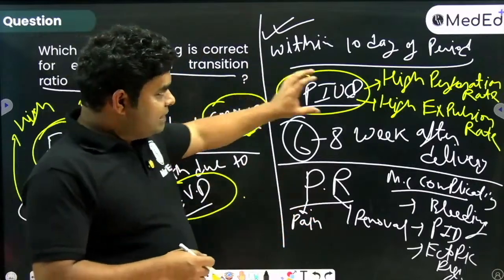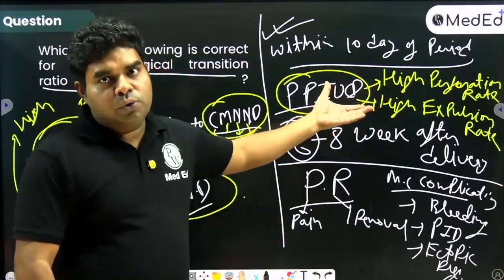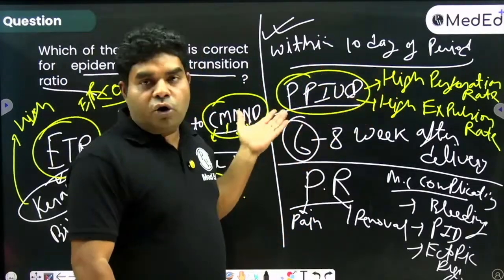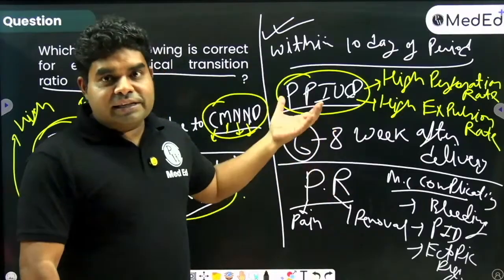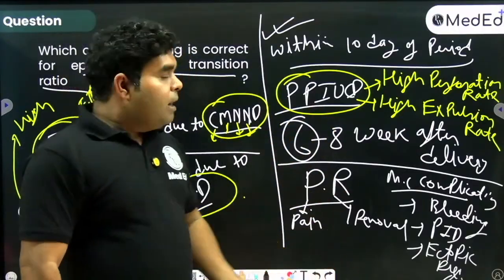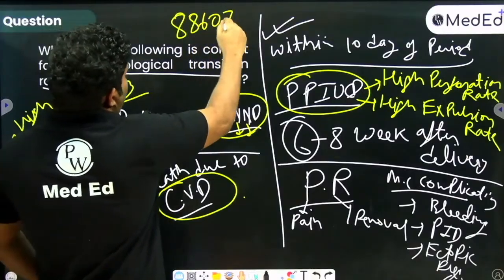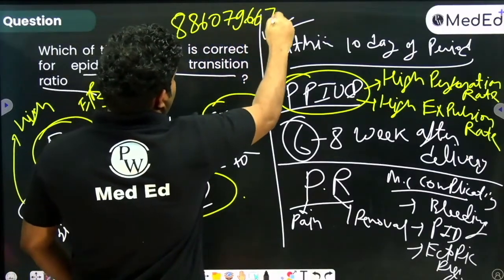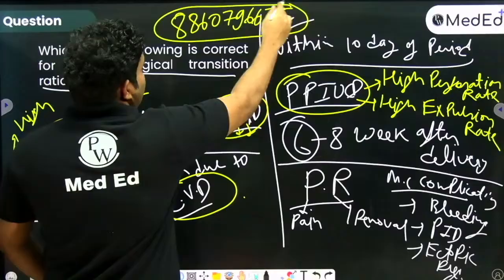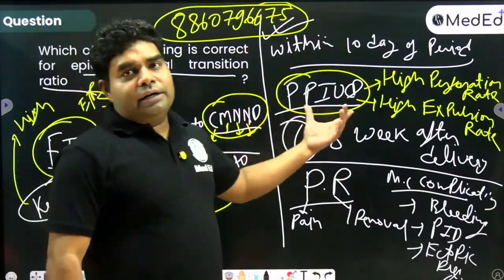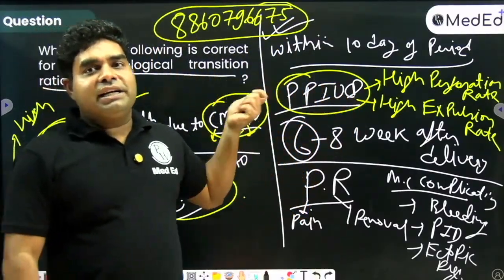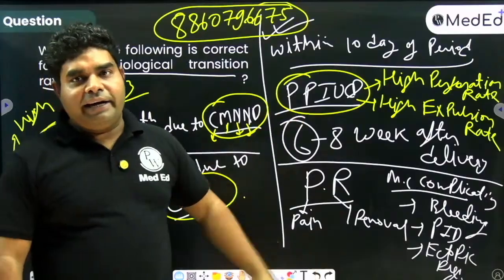This evidence is written there, and of course you know that high perforation and high expulsion will occur at this time. If you message me at my number, I can forward you this line written in Park textbook, that these are the two complications which can occur when we insert an IUCD just after delivery. So this is not the ideal time.